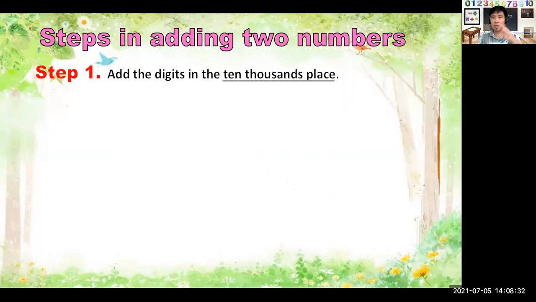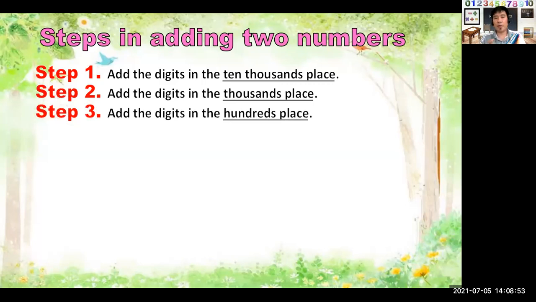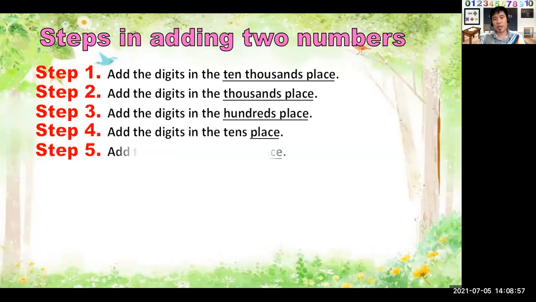So from the left. I'm telling you here because we are adding numbers up to 100,000, so as you can see, it's up to the 10,000s place. Step number 2, add the digits in the thousands place. After the 10,000s place, we proceed to the thousands place. Then step number 3 in the hundreds place, step number 4 in the tens place, and step number 5 in the ones place.